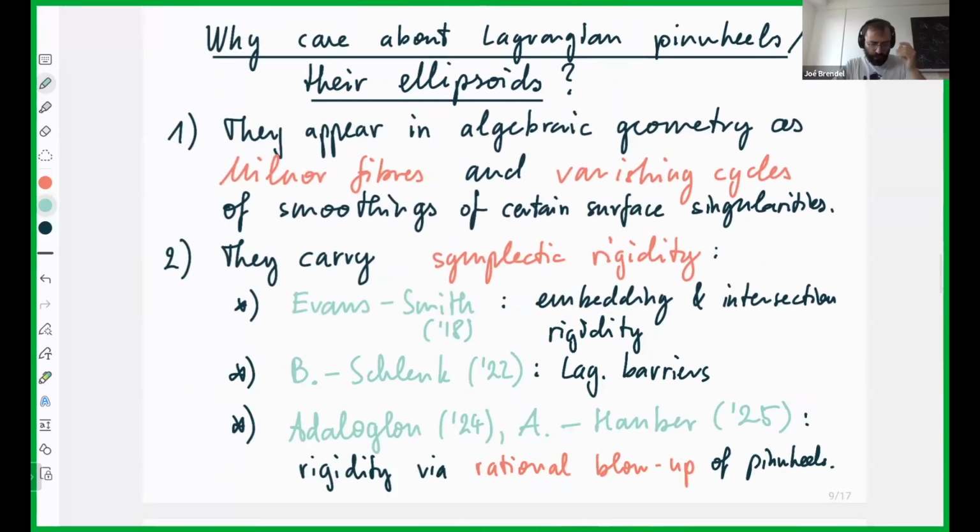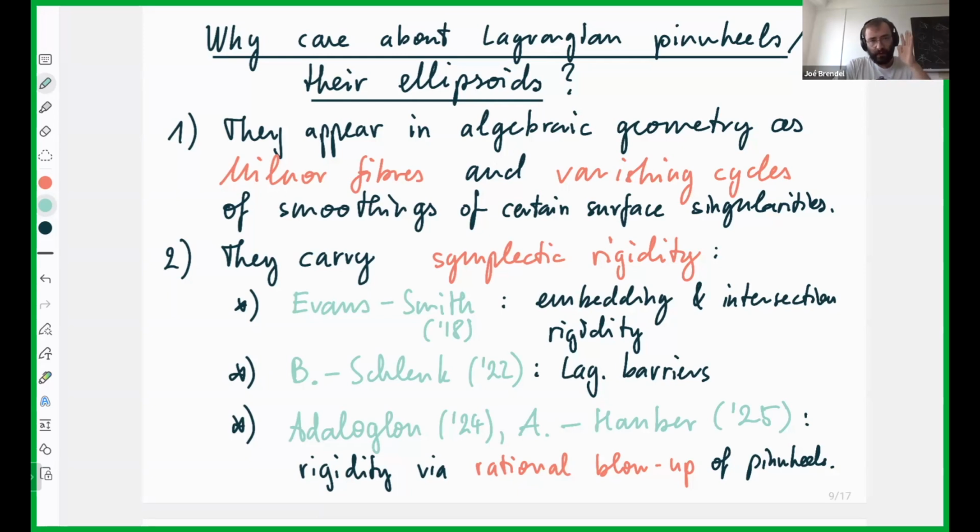And so you can ask, why do we care about Lagrangian pinwheels and their normal neighborhoods or their ellipsoids? One reason to care about them is that they appear as Milnor fibers in algebraic geometry of smoothings of certain surface singularities.